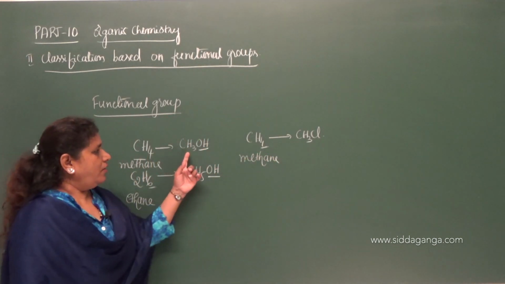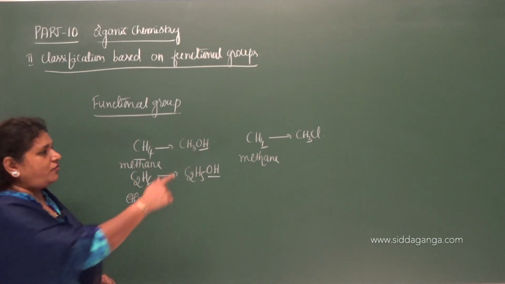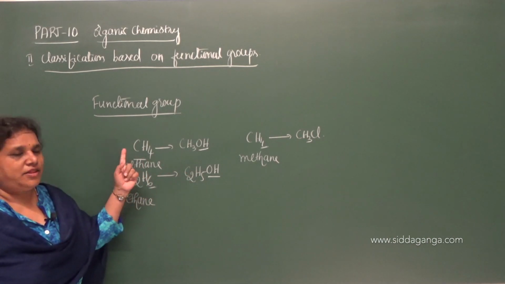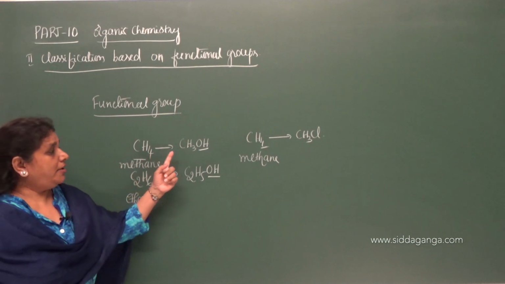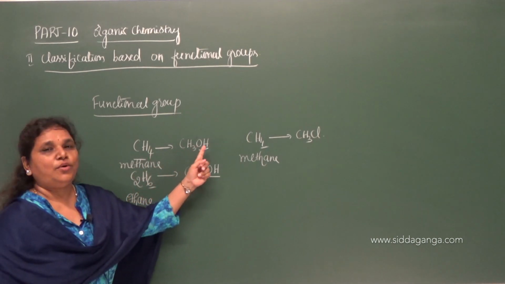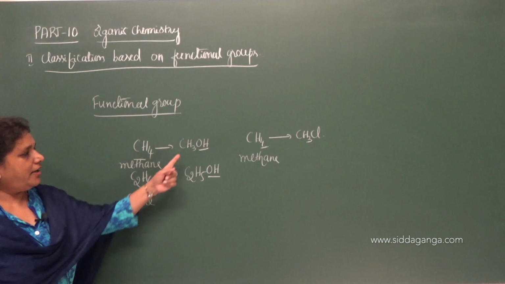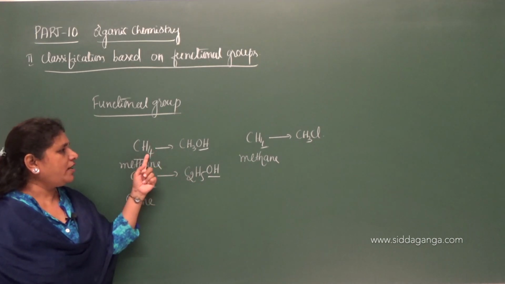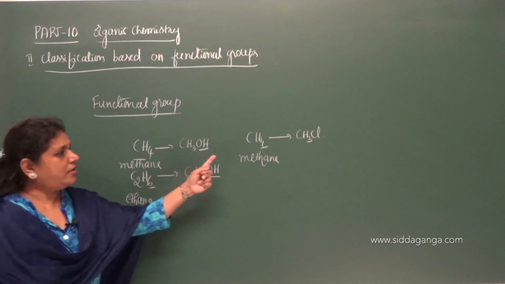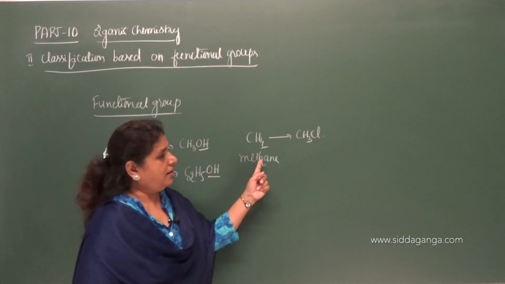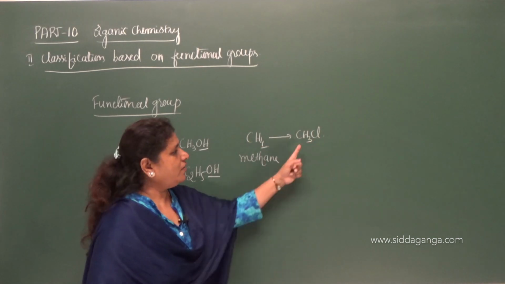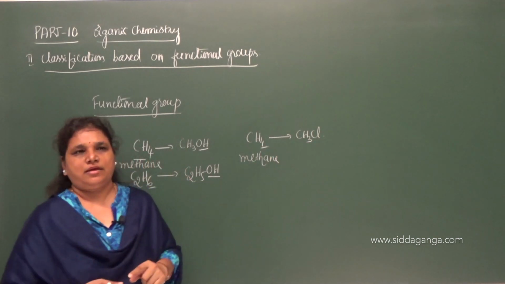Now what is the name of this compound? We cannot call this methane, because methane has the formula CH4, but here we have CH3OH. Therefore the name of the compound changes after replacing one hydrogen by OH. Here also, after replacing hydrogen by Cl, you cannot call this compound methane.